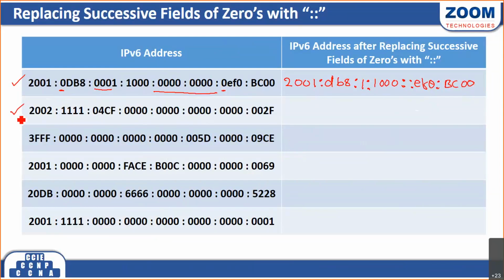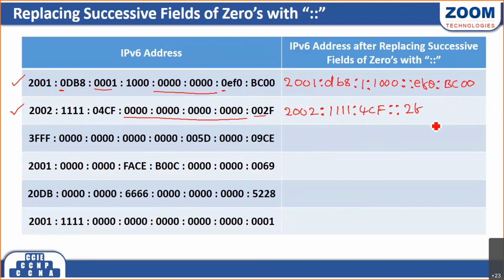Second example, please. How can we represent the second one? 2002:0000:2002:1111:1111:0CF:04CF. Four fields of zeros we can represent with a double colon, then 2F, because there are 2 leading zeros.